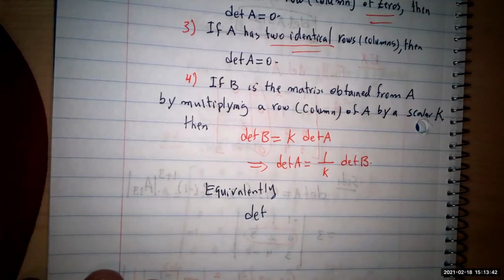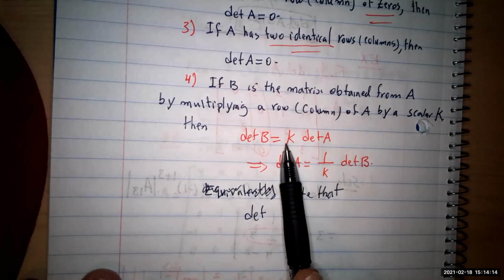Note that, in this case, if you multiply one row by k, that gives you k times the determinant of A. If you multiply two rows by k, that gives you k squared.